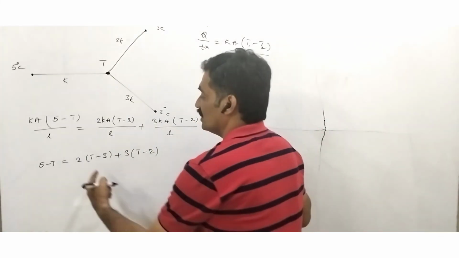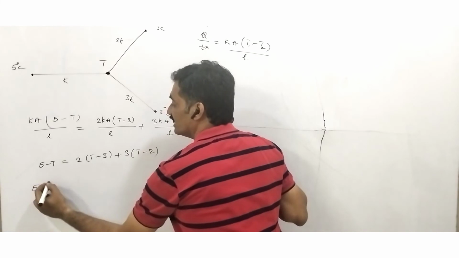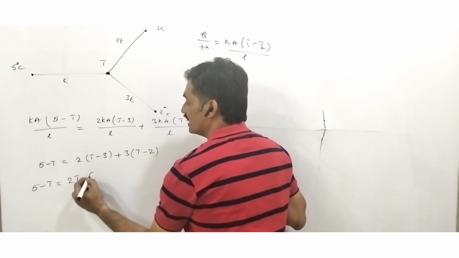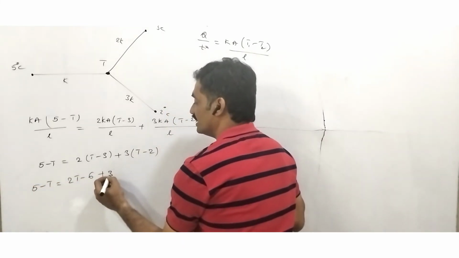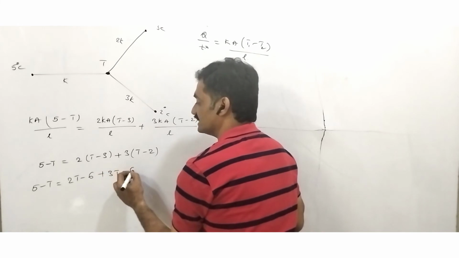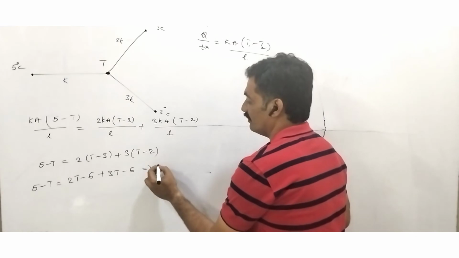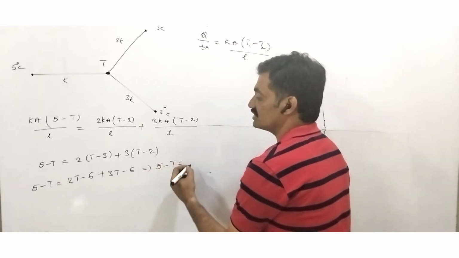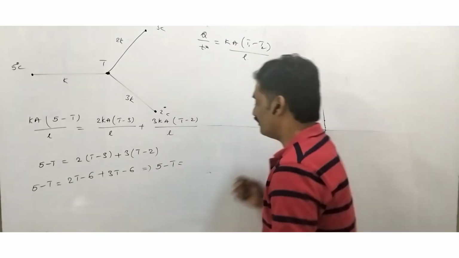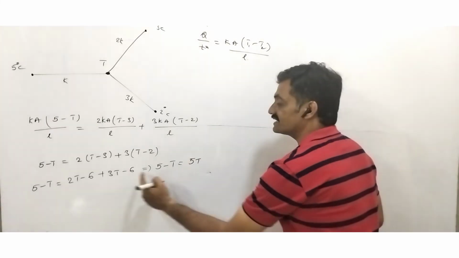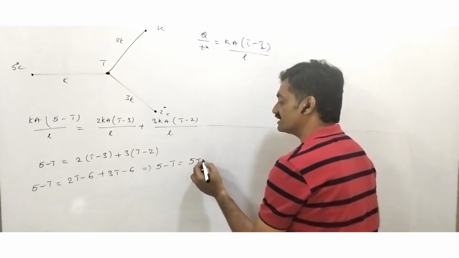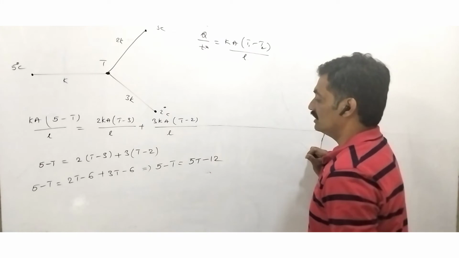So 5 minus T equals 2T minus 6 plus 3T minus 6. So 5 minus T equals 5T minus 12.